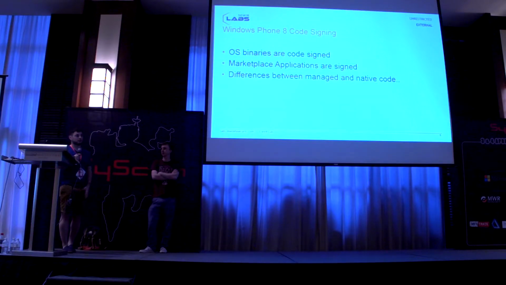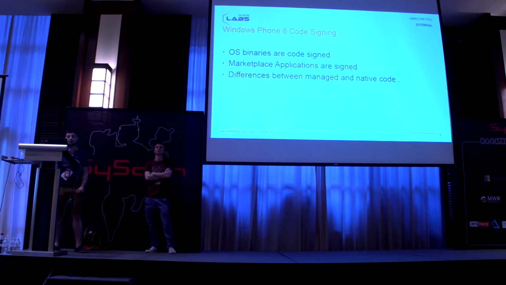The slight difference is when you're talking about a developer unlocked device. The actual signing of the marketplace applications occurs not before it goes up to the marketplace, but during the marketplace ingestion process. At that point, all of the applications that go up to the marketplace are also protected using PlayReady DRM, which is then stripped when it's installed onto a valid device.